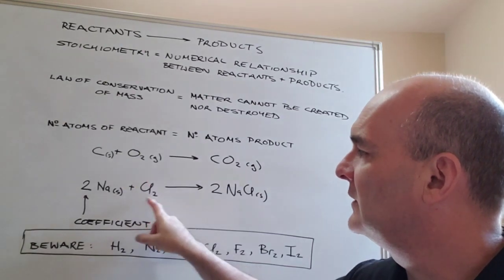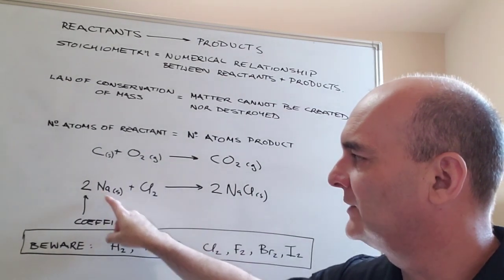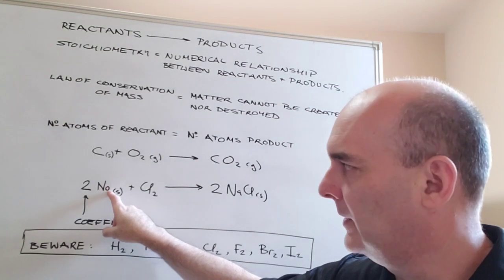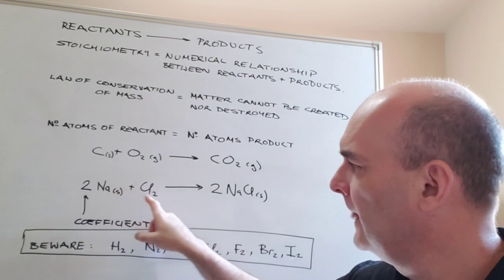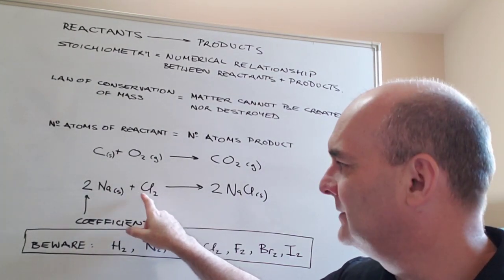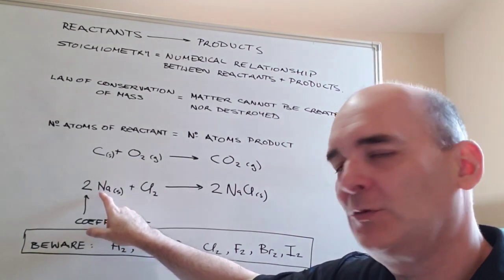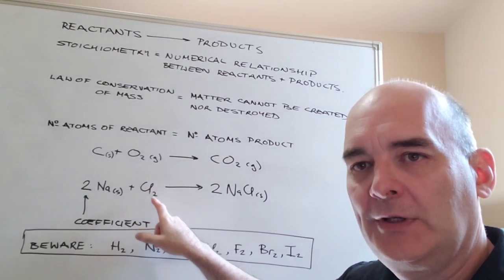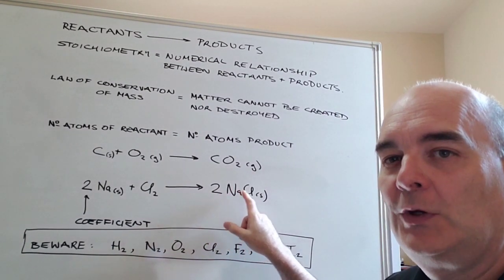And because there are two atoms of chlorine here, that means I would need two atoms of sodium. So I put a big 2 in front to tell me to multiply everything that comes after it. And remember, the subscripted 2 only multiplies the atom that immediately precedes the number. So two individual sodium atoms and a molecule of chlorine that contains two atoms combine to make two sodium chloride compounds.